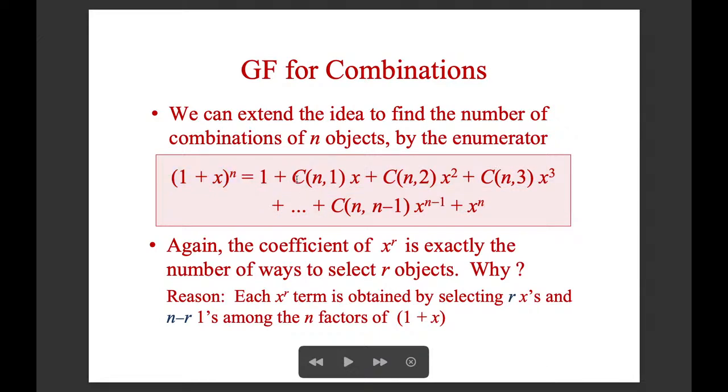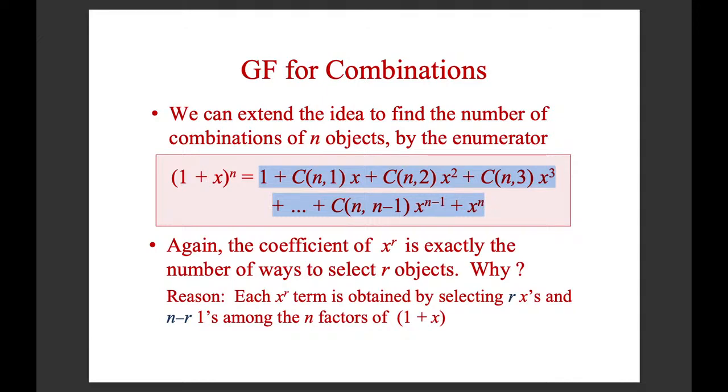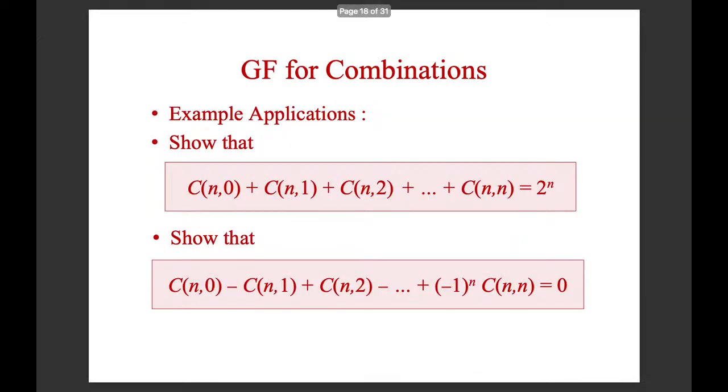Although we don't know the formula for Cn1, the formula for Cn2, and so on, we still know that this is true. Of course, we know that now, we have derived that already, but even if we did not know the exact formulas for them, we can still say this is true. And now, suppose that this identity is known, then we can solve this easily.